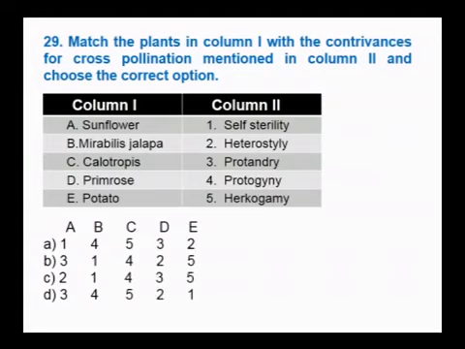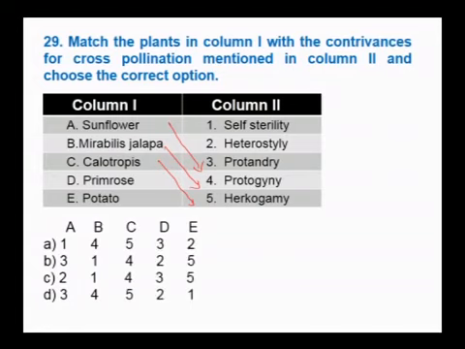Next question: match the plants in column 1 with the contrivances for cross pollination, nothing but the outbreeding devices, mentioned in column 2, and choose the correct option. In sunflower, which I already mentioned, we have protandry. Mirabilis jalapa, protogyny. In calotropis, there is a barrier between the stamen and the pistil which prevents self pollination and favors cross pollination, hercogamy.